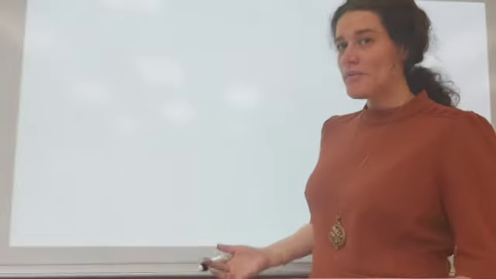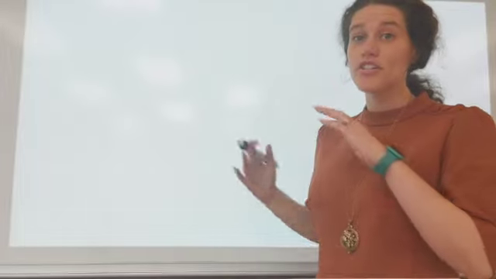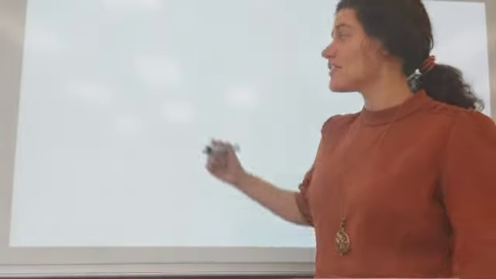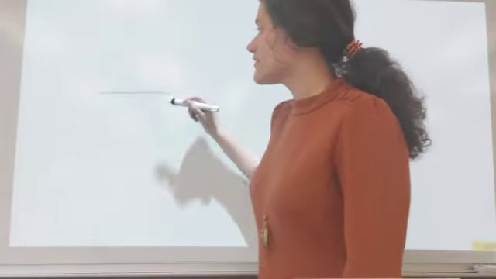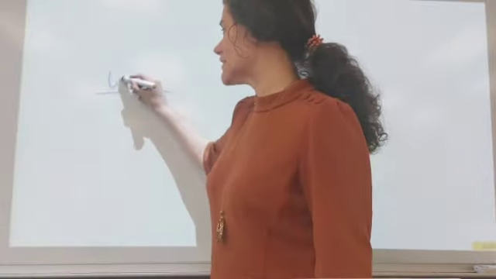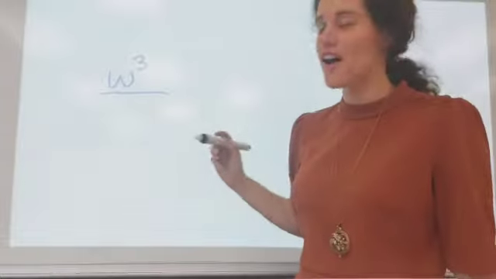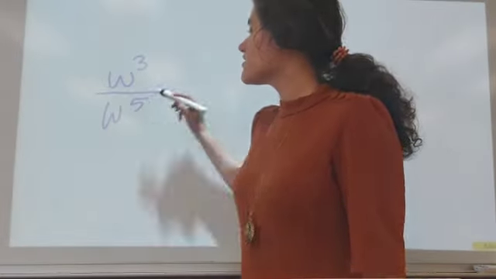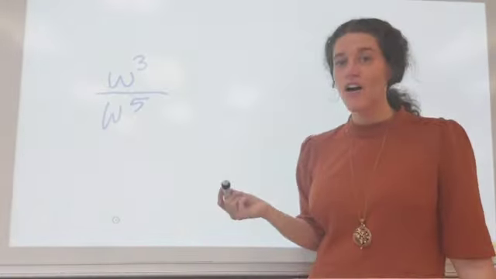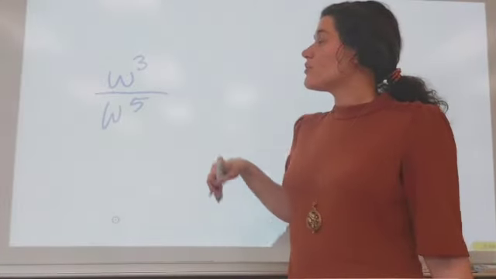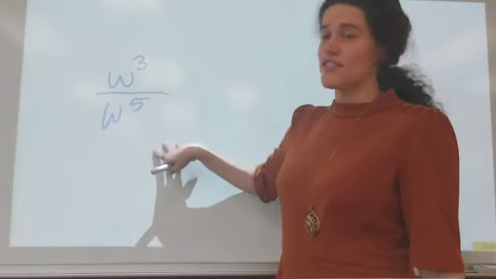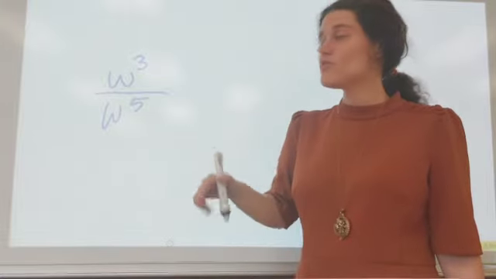Okay, but what happens if the denominator is bigger than the numerator? Let's go back to still the w's. So w cubed is now on top, and w to the 5th power is now on the bottom. So when you're dealing with this situation, you're still doing subtraction.